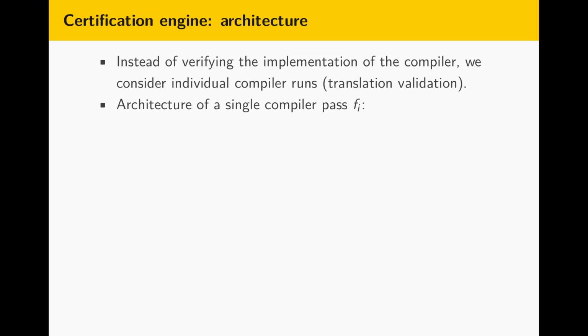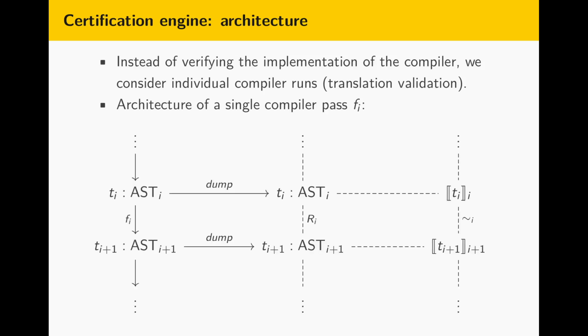The architecture of our certification engine looks as follows. In the leftmost column, you can see the compiler pass, which we denote here as a function f_i, transforming one AST into another. On the right, you can see the certification engine, where we make sure to dump each intermediate abstract syntax tree, and we import that in the certification engine.